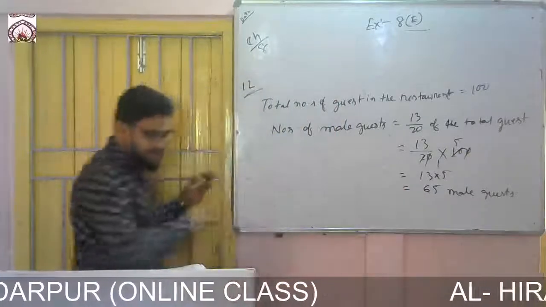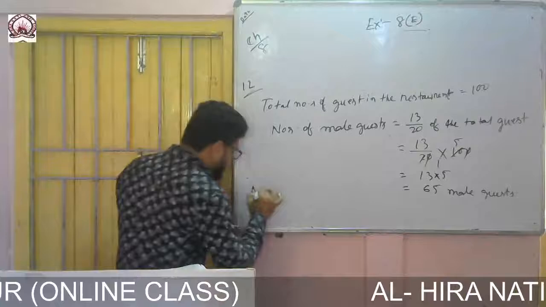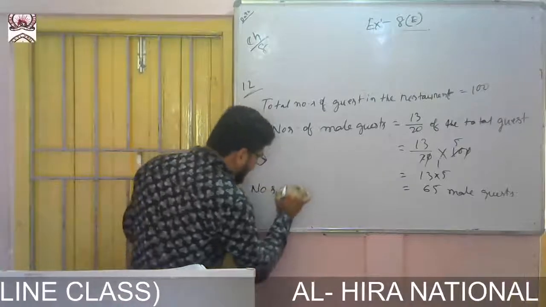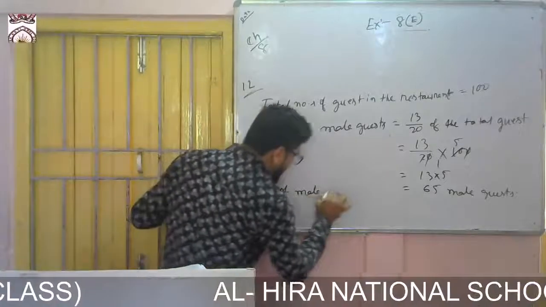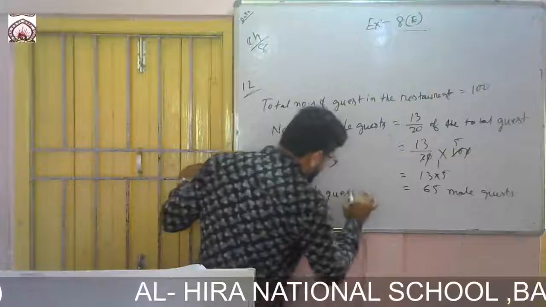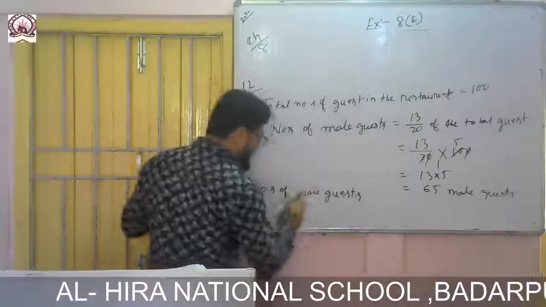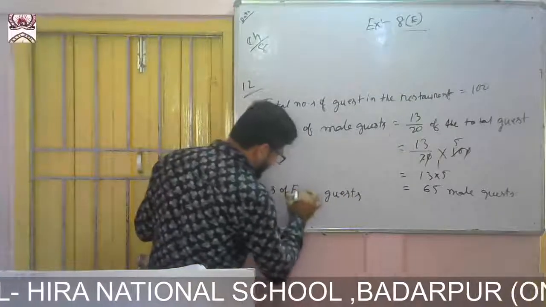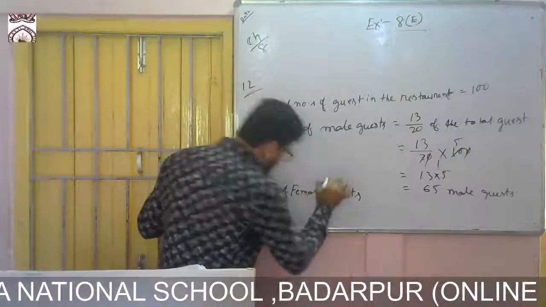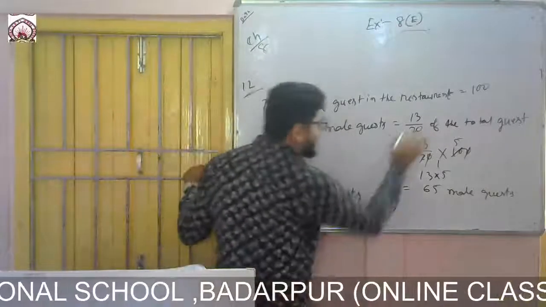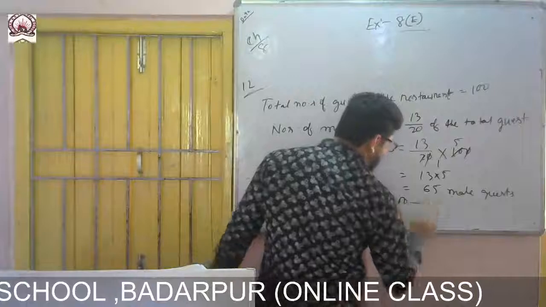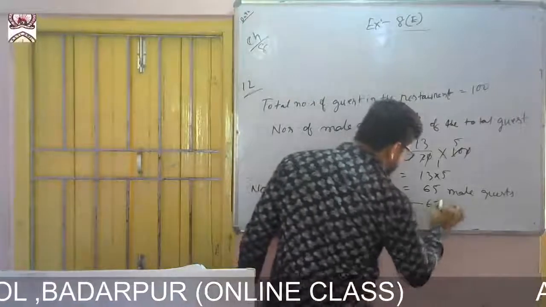So write: the number of female guests we need to find. Female guests will be 100 minus 65.